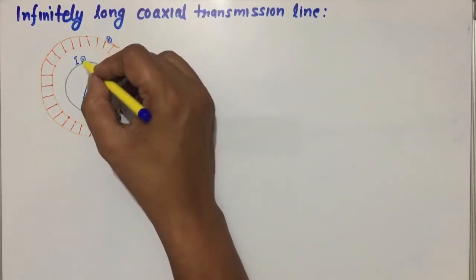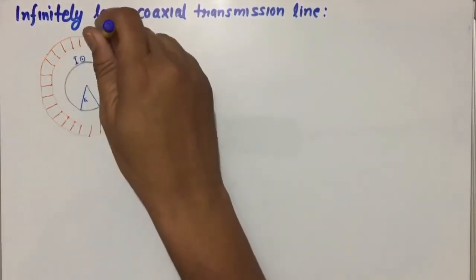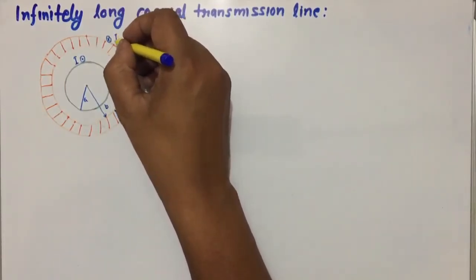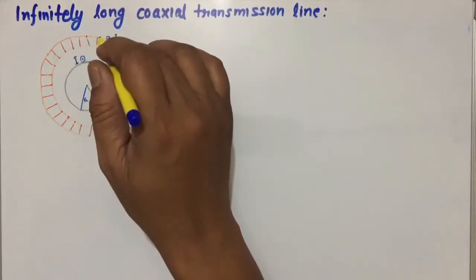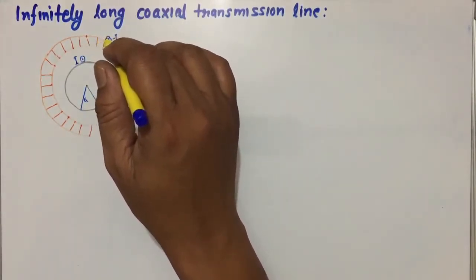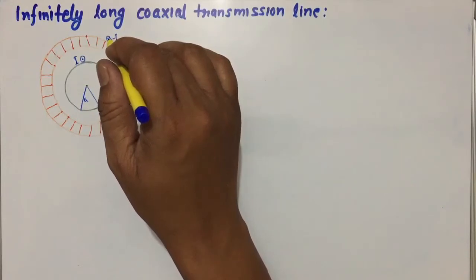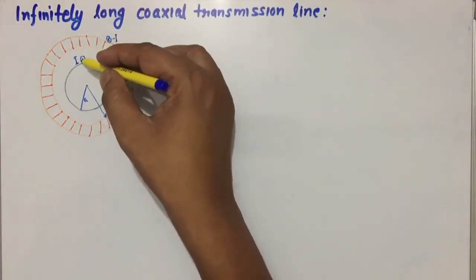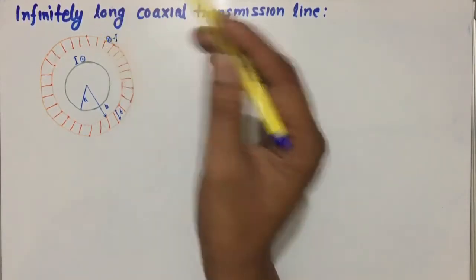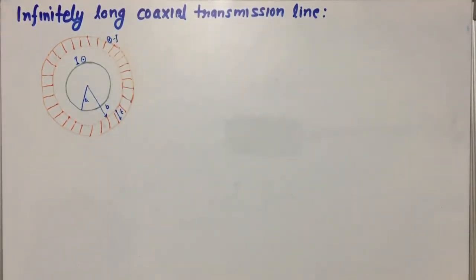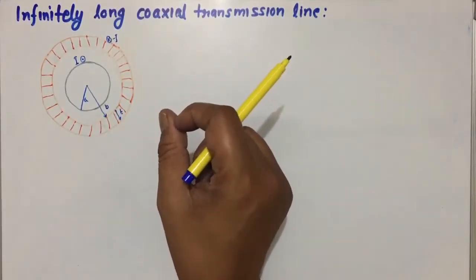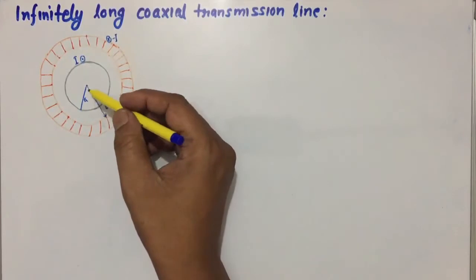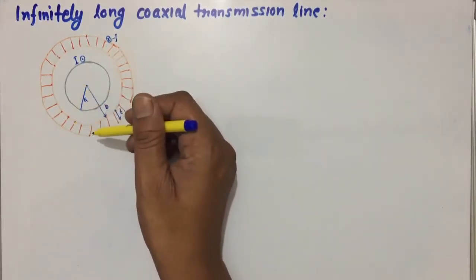If it is coming outward, upside, then it should be downward, that is negative, or if it is downward, then it should be positive. So it must be of opposite sign to carry the return current from the other conductor. So this is the structure assumption, and we have to find the magnetic field intensity in different regions of the coaxial conductor.